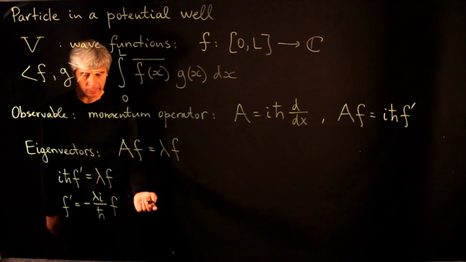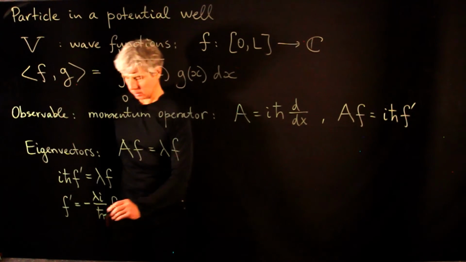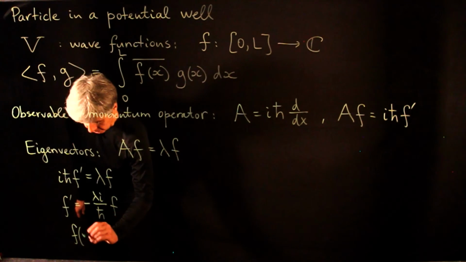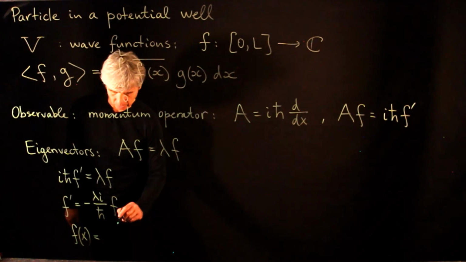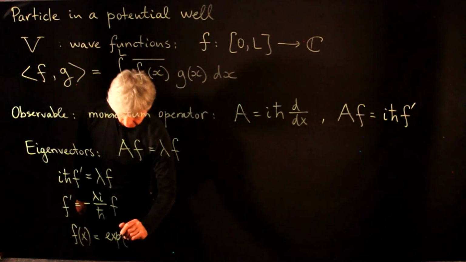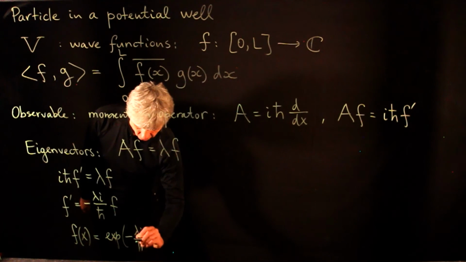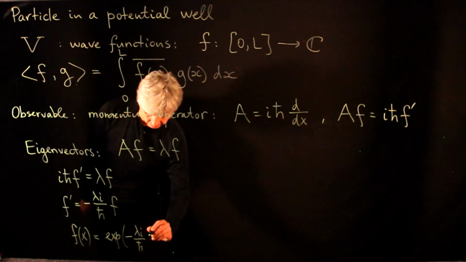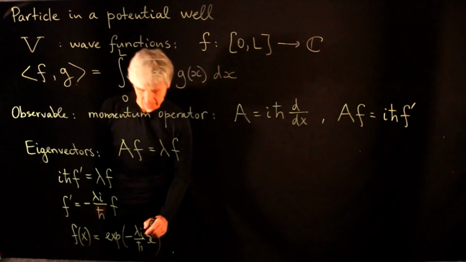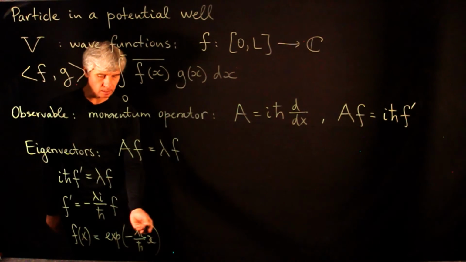And for this, we can easily write down the solution. So f of x that satisfies this equation is going to be exp of minus lambda i over h times x. So this exponential function is going to be the eigenfunction for this operator.